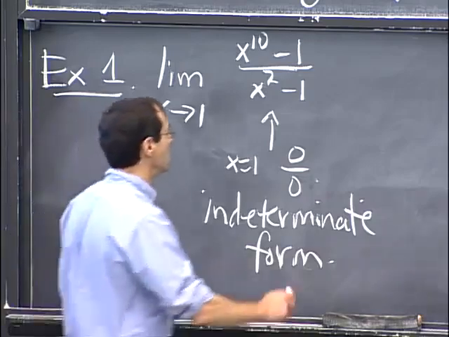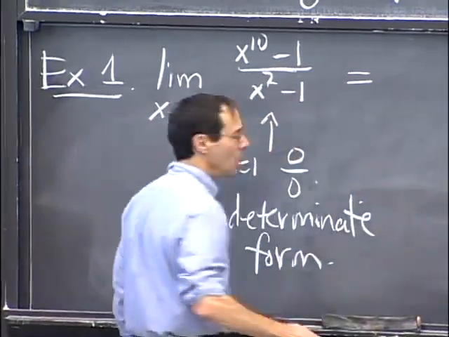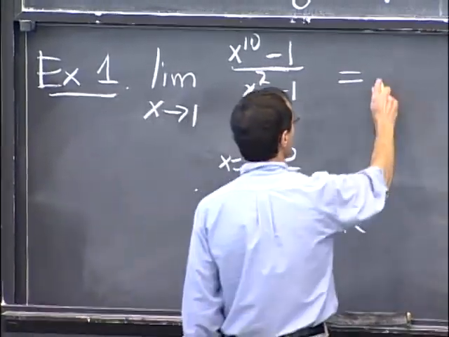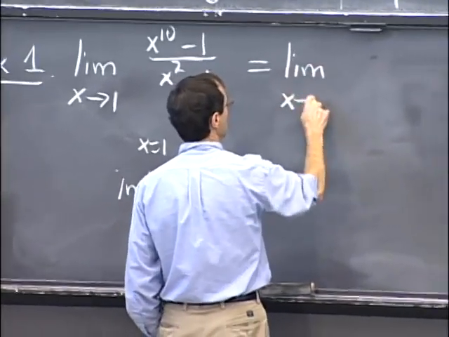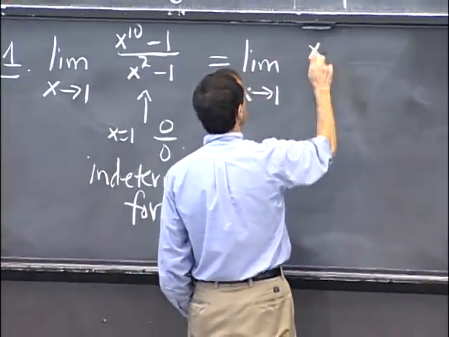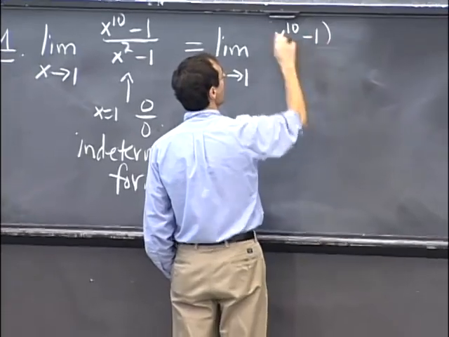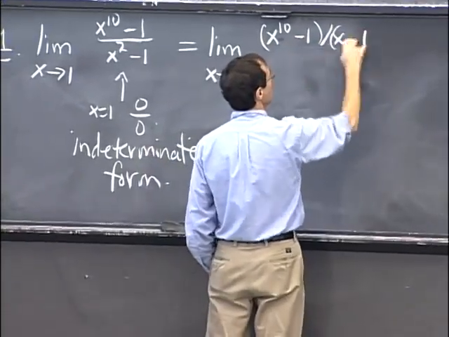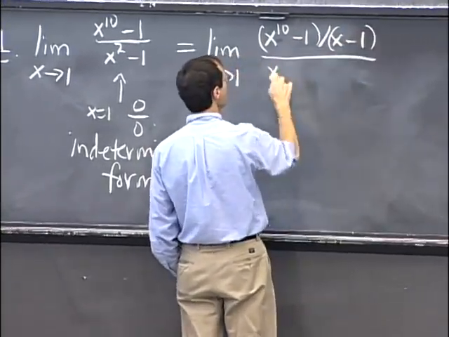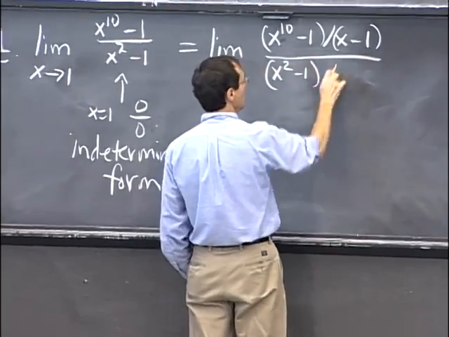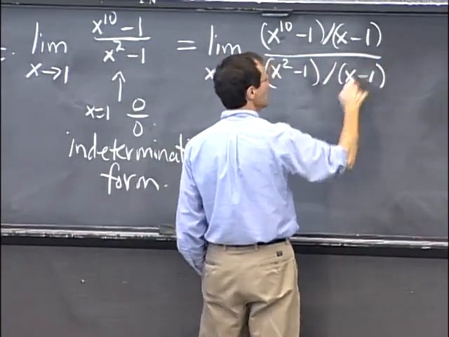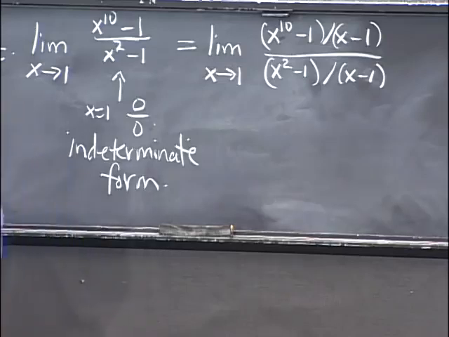This is the trick that we did at the beginning of the class. And the idea is I can divide in the numerator and denominator by x minus 1. So this limit is unchanged if I try to cancel the hidden factor x minus 1 in the numerator and denominator.